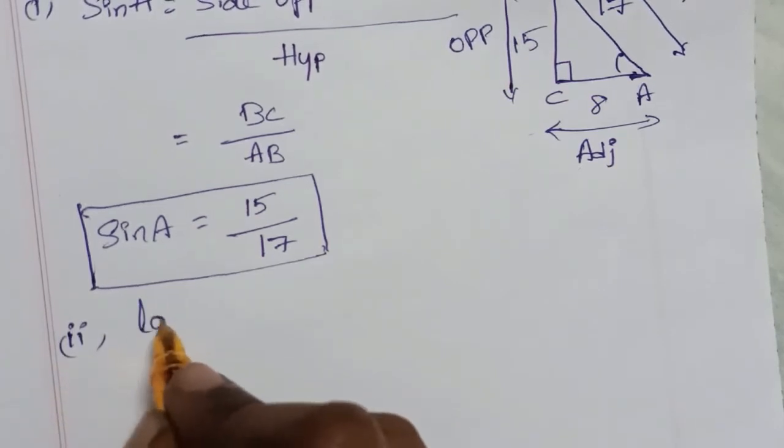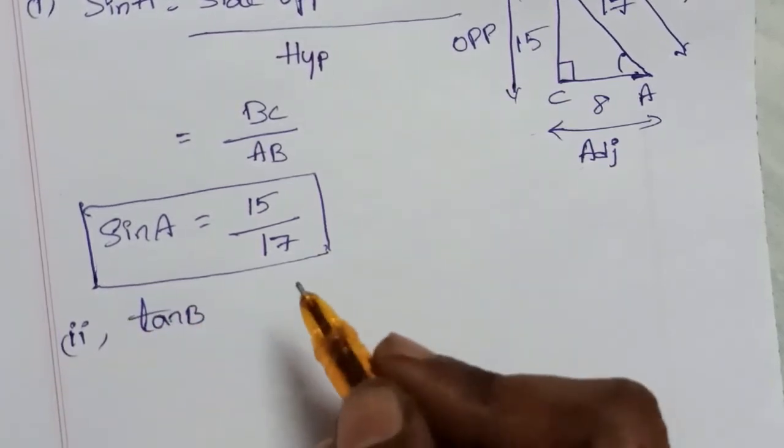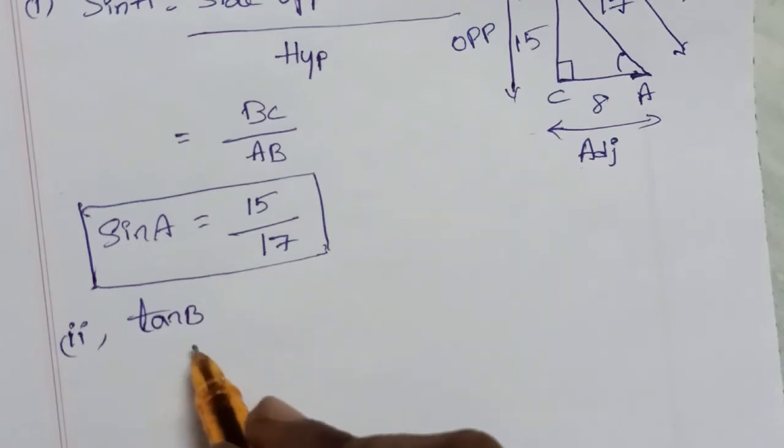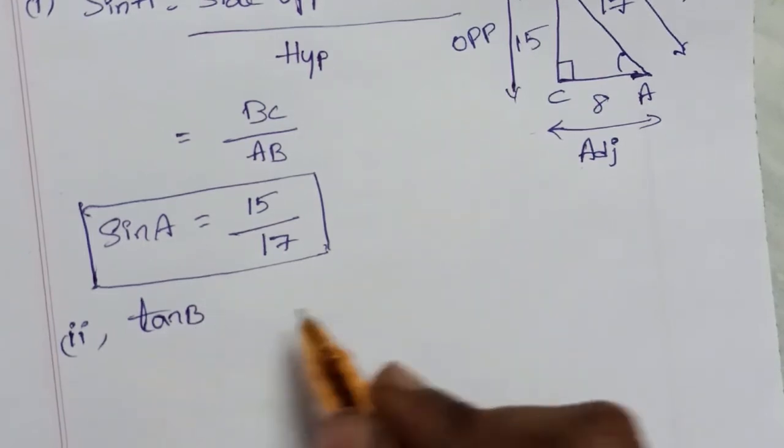Next, tan B. Here, B is the angle of the triangle.